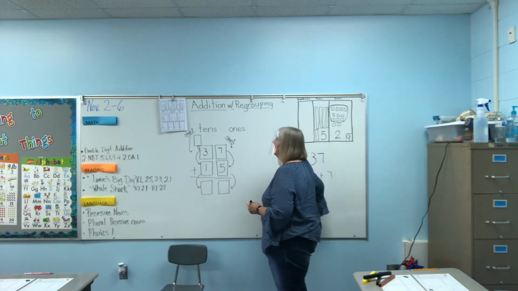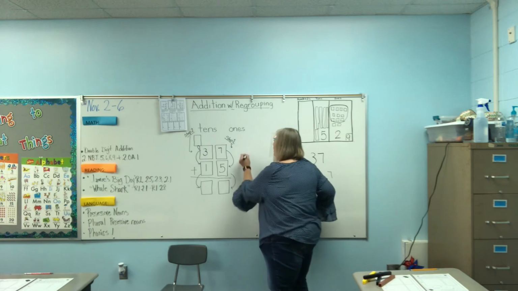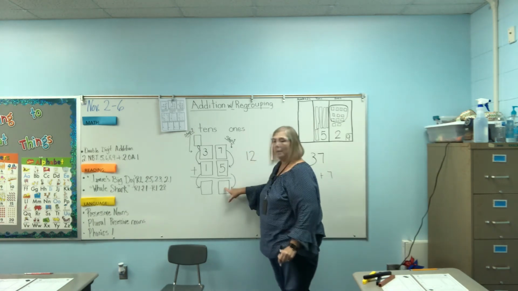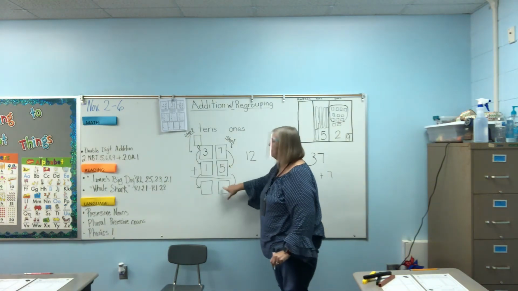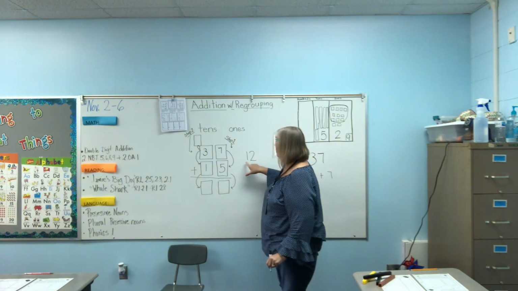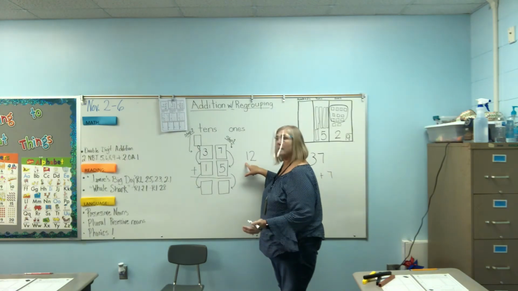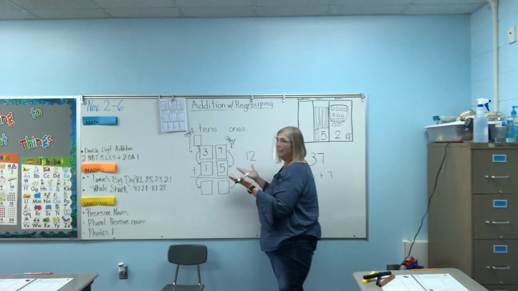All right, so 7 plus 5 is 12. Now, do we write the 12 down here? No, we don't. What can we put in the ones column? Will we put the 1 there? No, why not? It is 10. It represents 10 pieces of 12.